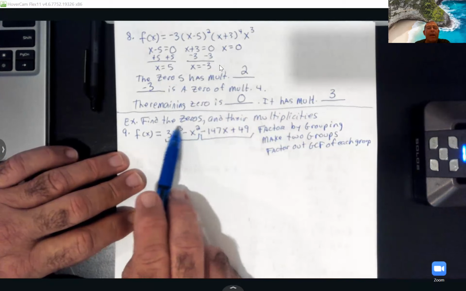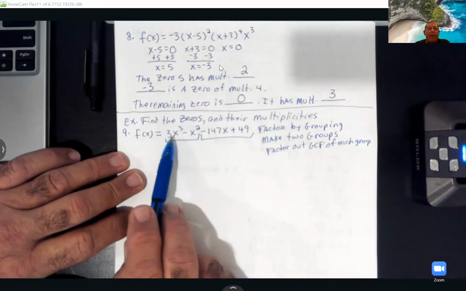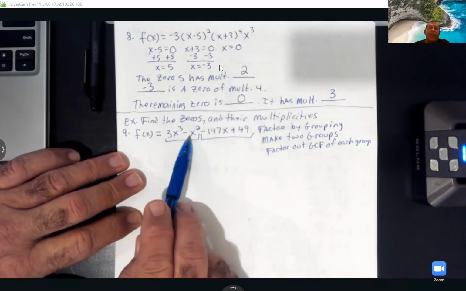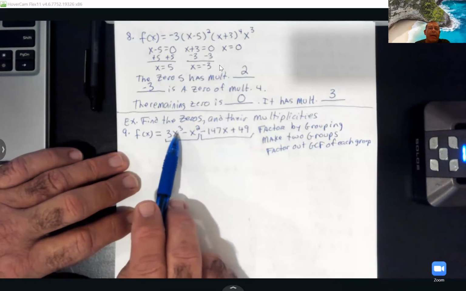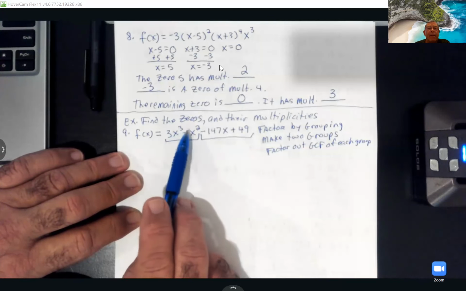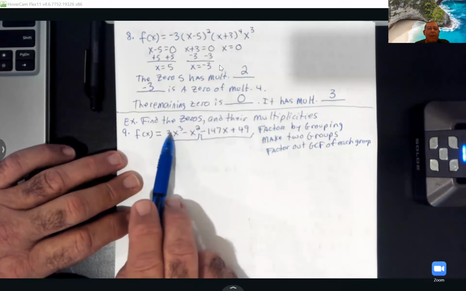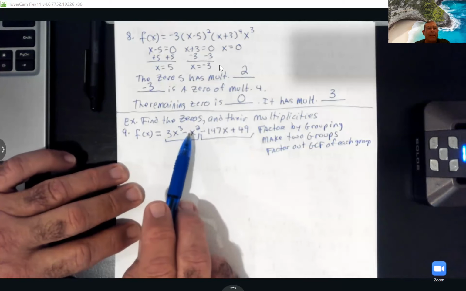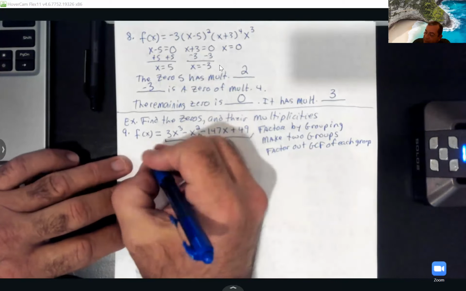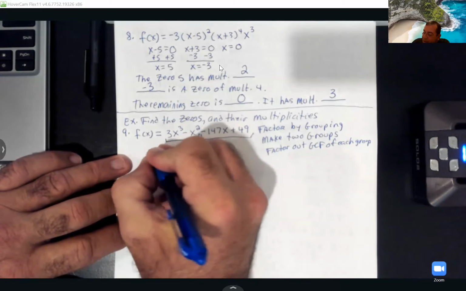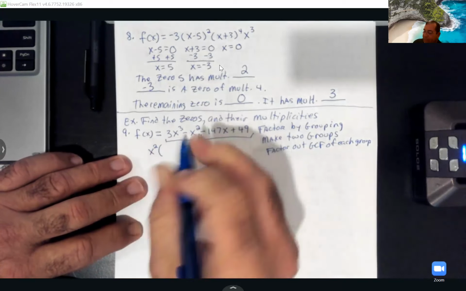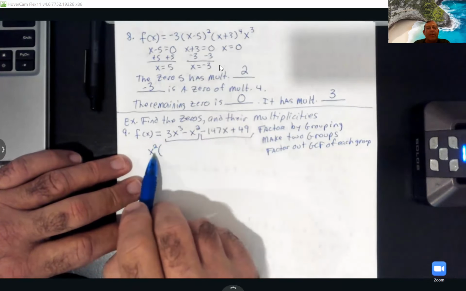I'm looking for the greatest common factor. Well, it's not going to be a number because that's got a 3 and this only has a 1 here. So we got to look at the x's. I got 3 x's here and I got 2 x's here being multiplied. The most that these two have in common is 2 x's. So that means the greatest common factor for these first 2 terms is an x squared.